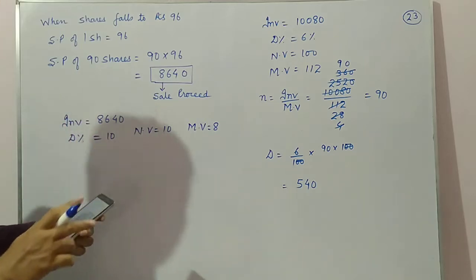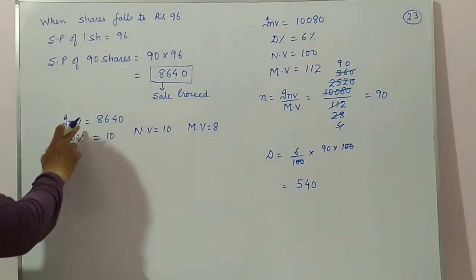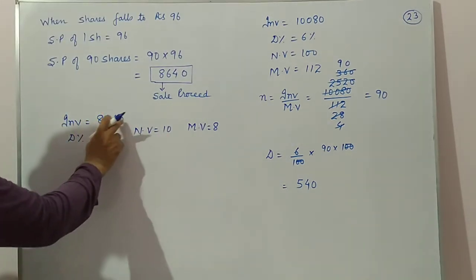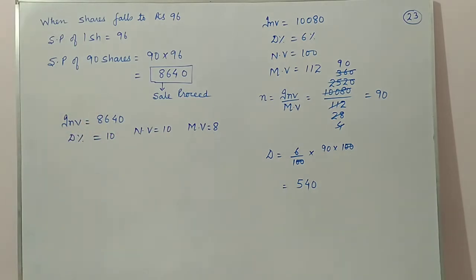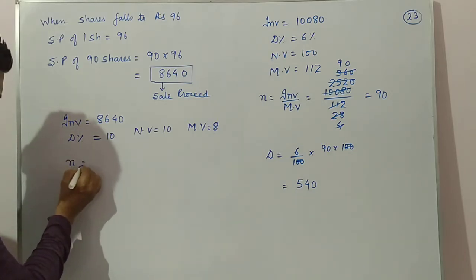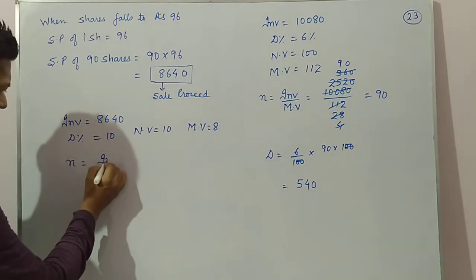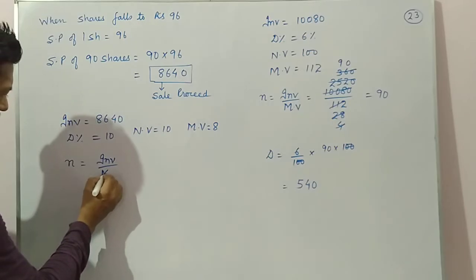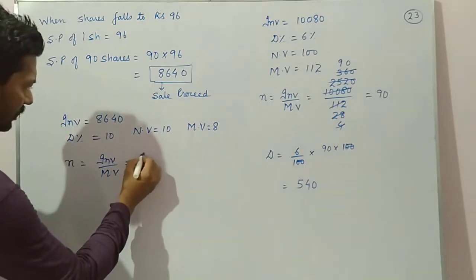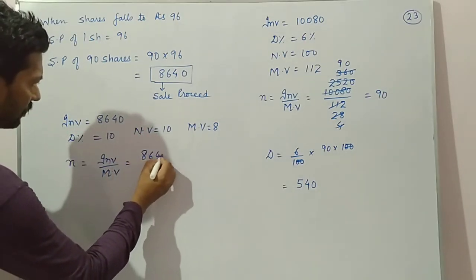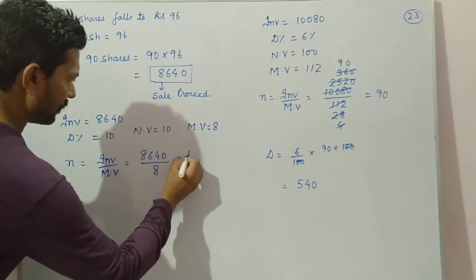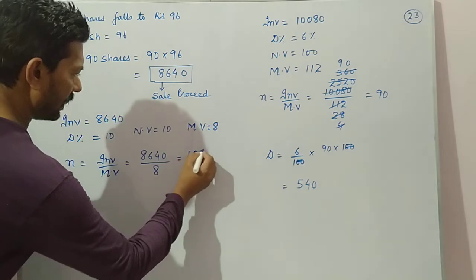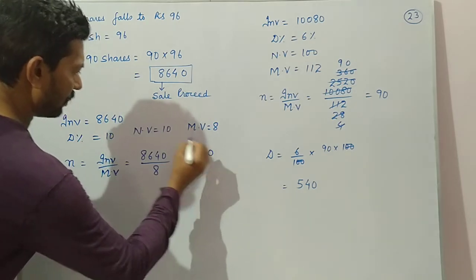So the investment is 8640, dividend 10%, nominal value 10, market value 8. First of all, we will determine the number of shares, that is investment by market value. Investment is 8640 and market value is 8. So 8 ones are 8, 0, 8 8s are 64, 0, 1080.